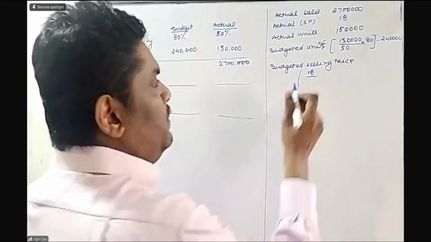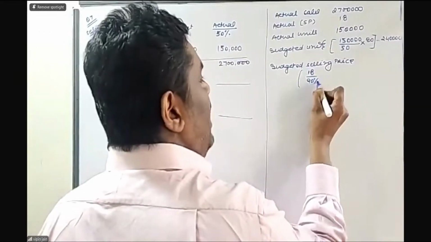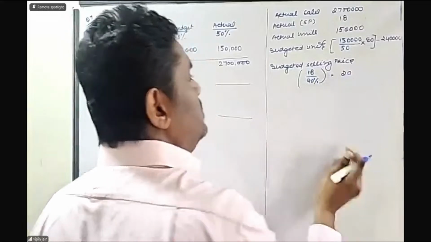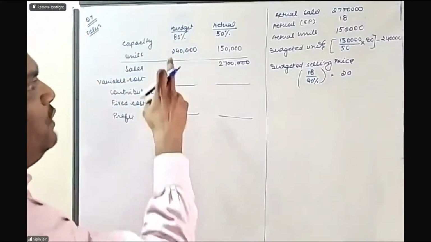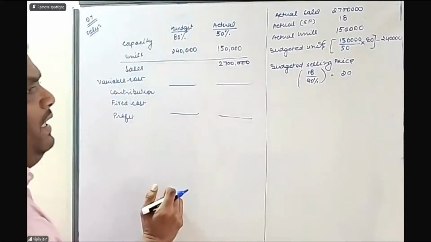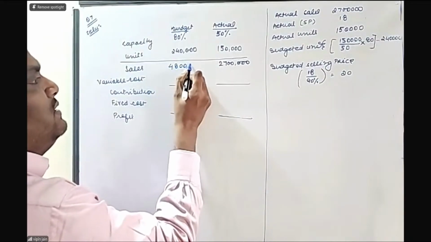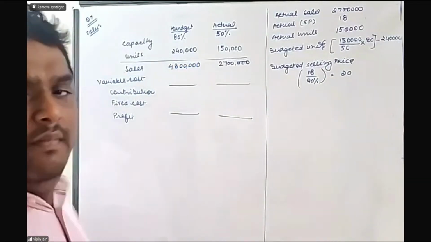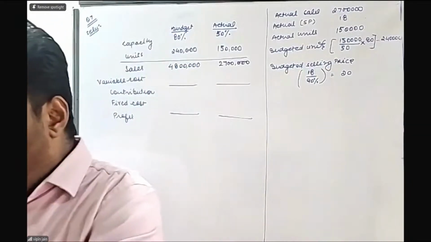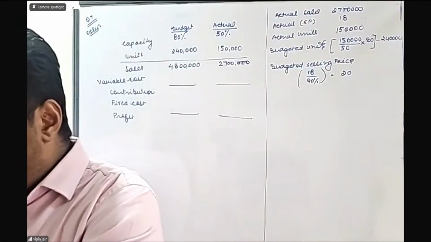So 18 will be equal to 90%. So how much will be 100%? That is 20. So this will be my budgeted selling price. So 2,40,000 into 20, that is 48 lakh, will be my budgeted sales.